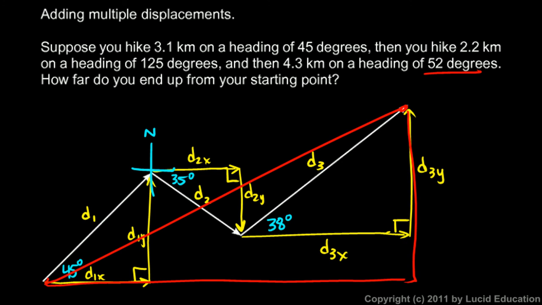Okay, well this leg across the bottom here is going to be the total eastward displacement. If you look at the diagram, watch this. Watch where I draw. This total length, you should see will have to be d1x plus d2x plus d3x. Let me say that again. If you see this d1x and d2x and d3x, you should see that those have to add up to this total eastward displacement.